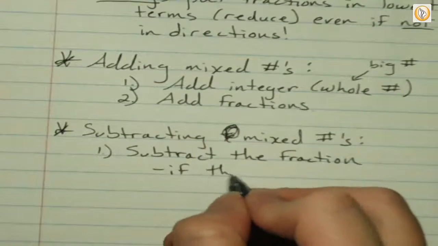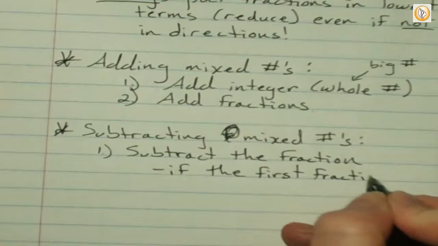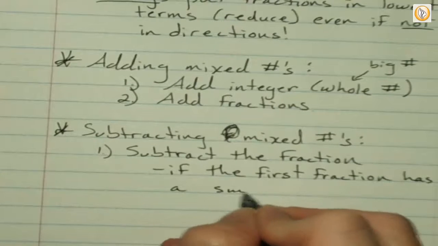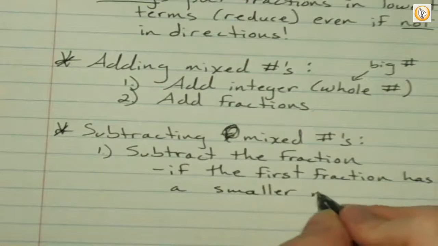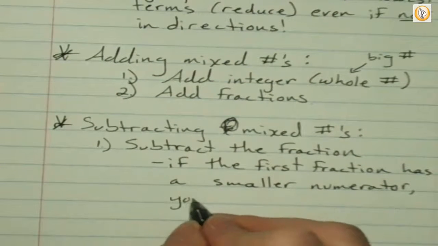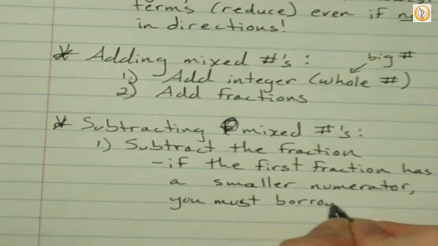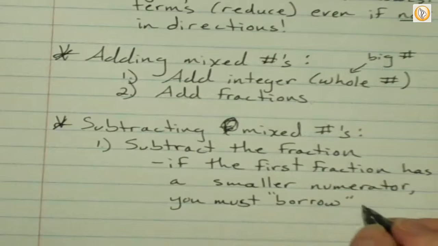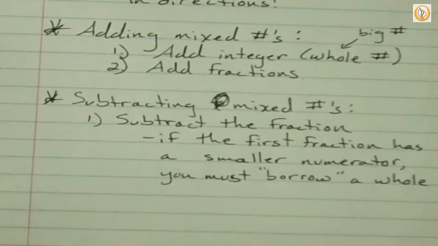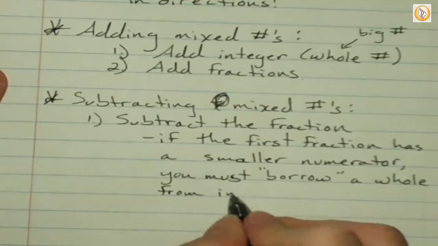If the first fraction has a smaller numerator, you must borrow a whole from the integer.